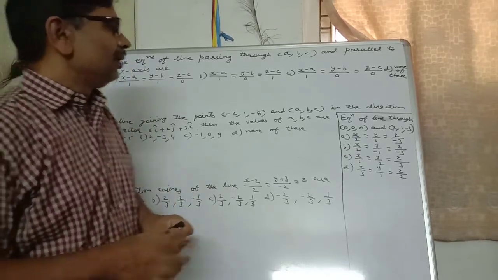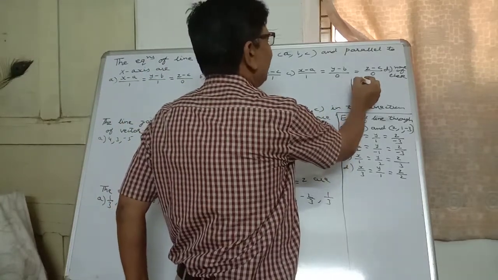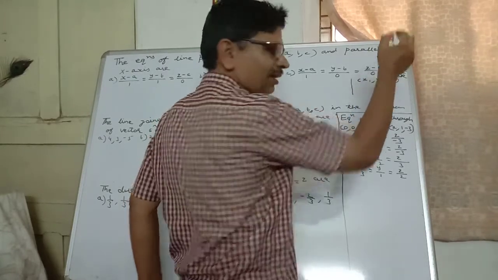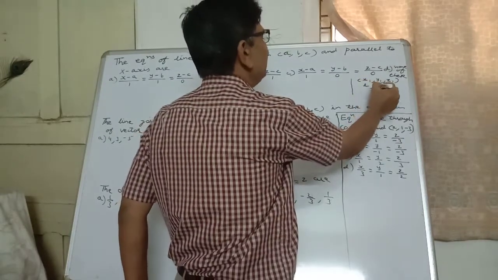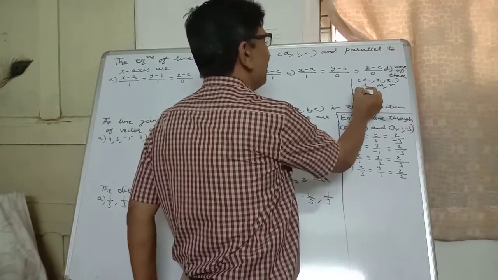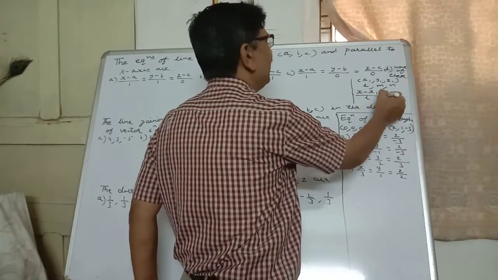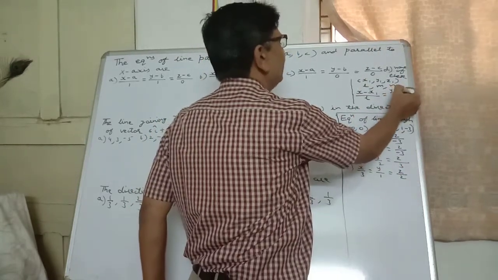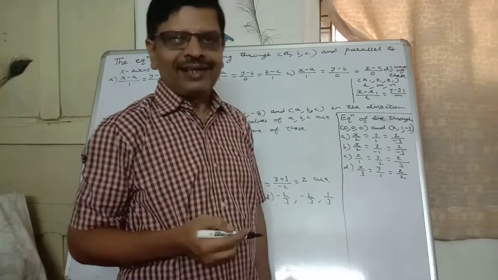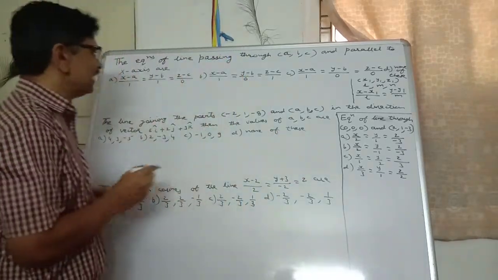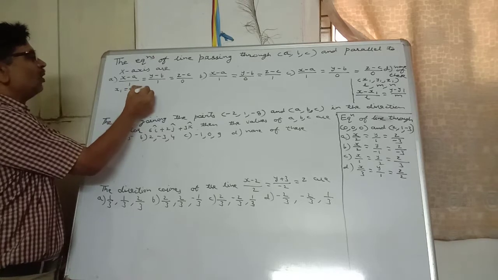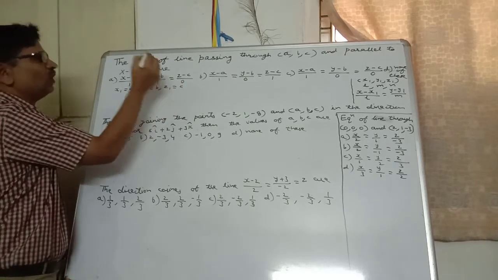If a line is passing through the point x1, y1, z1 and the direction cosines of the line are L, M, N, then the equation of the line is (x minus x1) upon L is equal to (y minus y1) upon M is equal to (z minus z1) upon N. So here x1, y1, z1 are known to us. x1 equal to a, y1 equal to b, z1 equal to c.